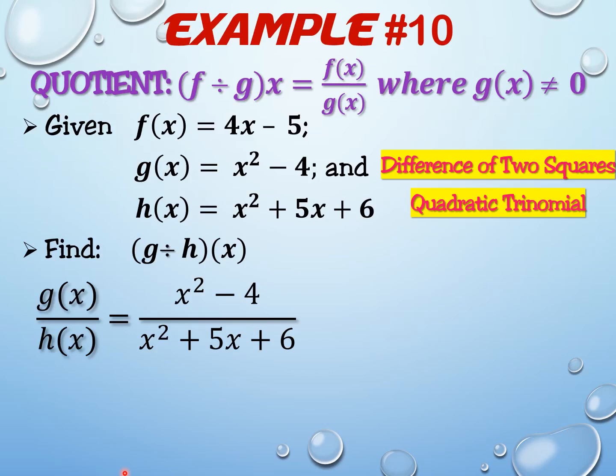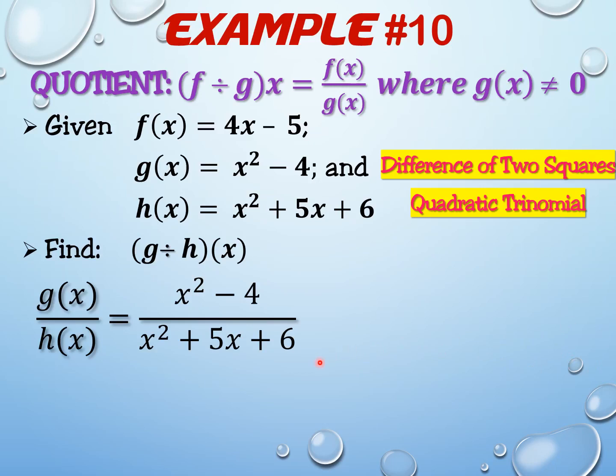It could either be the same sign or different sign. But since the middle term and the last term are both positive, your binomials or the factors are both positive.